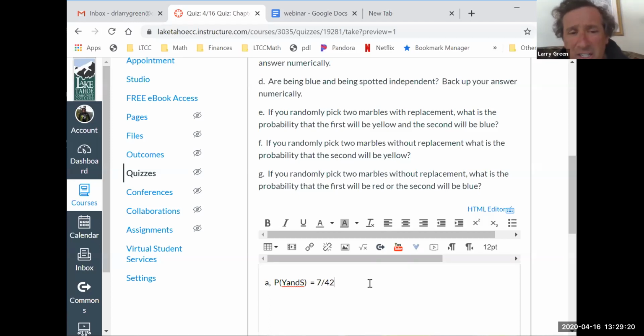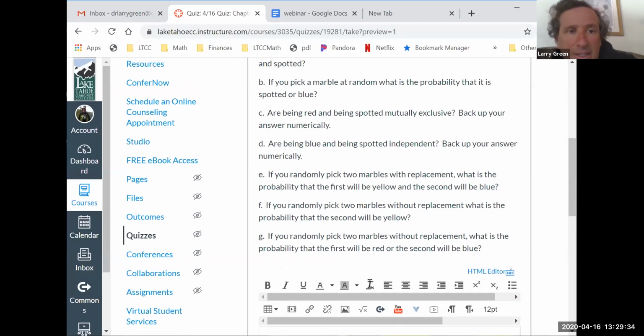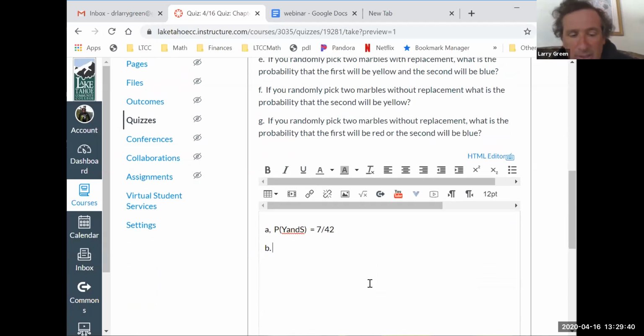There's not much work to show other than, like I said, it's very important to write it in symbols: P, parentheses, Y and S, and parentheses. That's kind of work you can show. Okay, so now B. So B is if you pick a marble at random, what's the probability that it is spotted or blue? So what we want is a probability of spotted or blue.